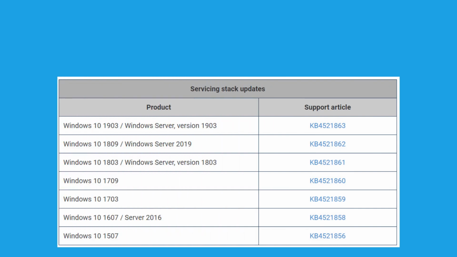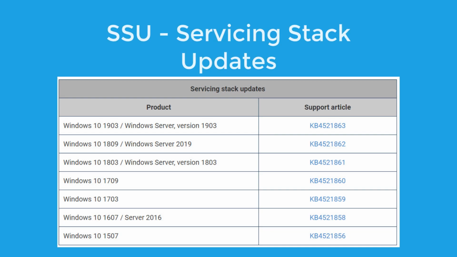To fix this issue, there is a solution out there that is provided by Microsoft. It's called SSU, which stands for Servicing Stack Update. Microsoft now wants you to install a KB article that would help you fix these kinds of issues.